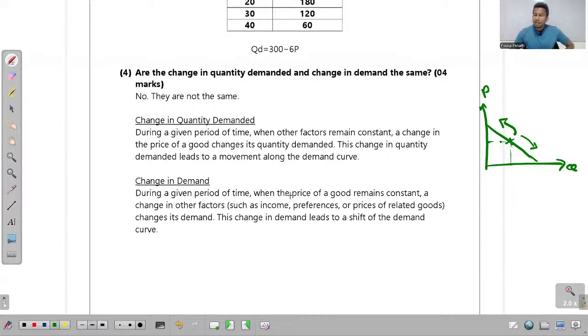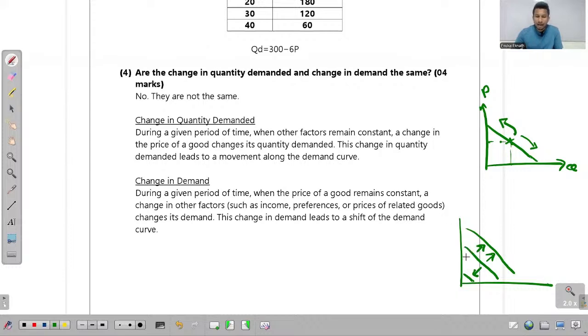But however, when it comes to a change in demand, this change in demand will create a shift. It will shift the whole demand curve. If other factors change in a favorable way, then the demand will increase so that the demand curve will shift to the right side. Clear?